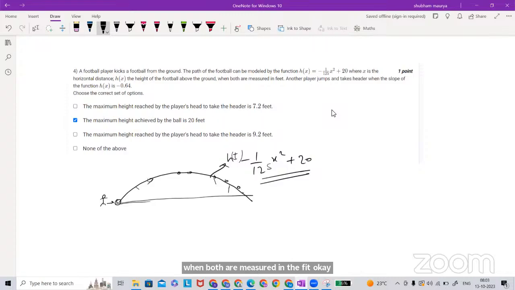So here is a player, and he took the header here.